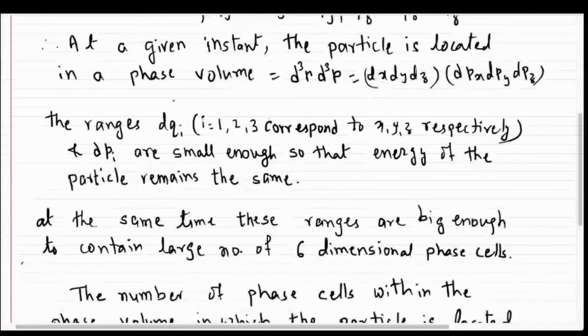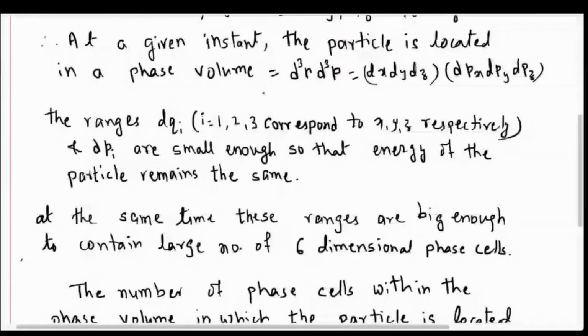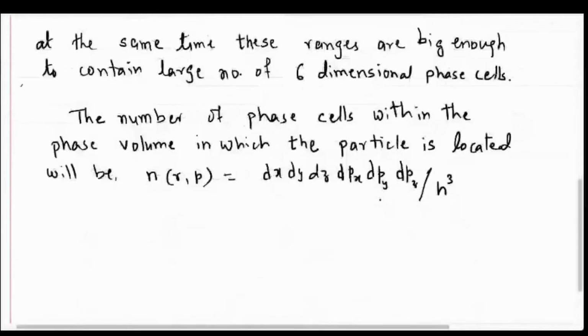This minimum value is then decided by the uncertainty principle. So when a particular energy is non-degenerate, the phase volume within which the particle can exist with that particular energy will have a minimum value, and that will be equal to h cube. And so the number of phase cells in which the particle can exist with that much energy will be just equal to 1.